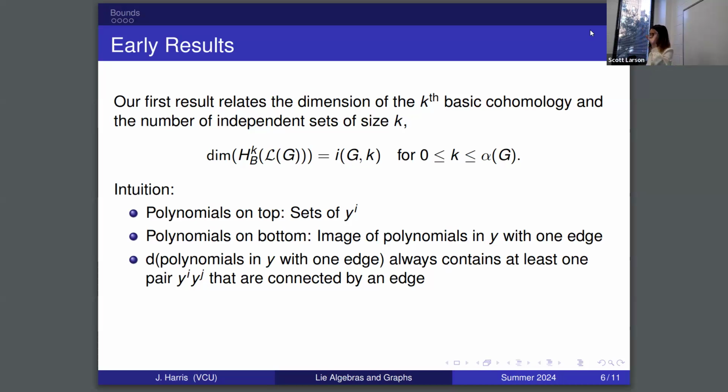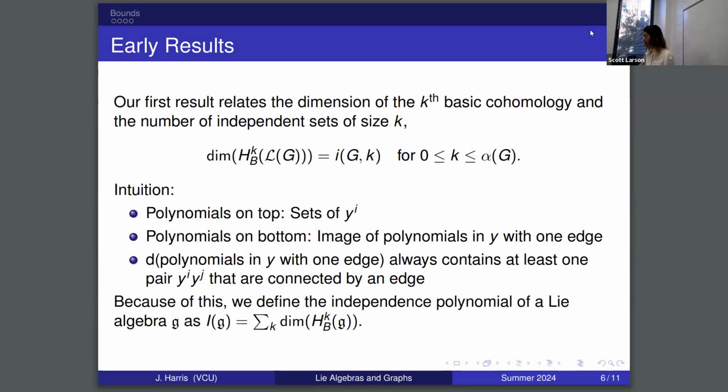Since they have to have that dz term in there, everything on the bottom is guaranteed to contain a yi, yj with an edge between them. So all of the polynomials on the bottom represent subsets of the vertices that have at least one edge. So we're taking all of the subsets of the vertices and then modding out by subsets of the vertices that contain at least an edge, which leaves you with the subsets of vertices that don't have any edges. The dimension of that would be the number of independent sets of size k.